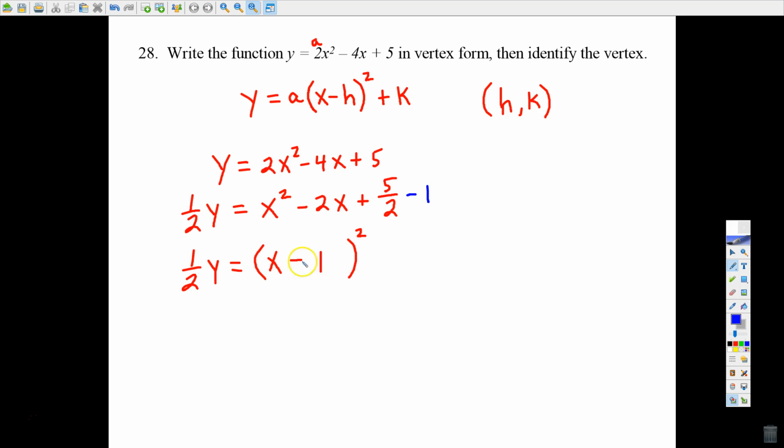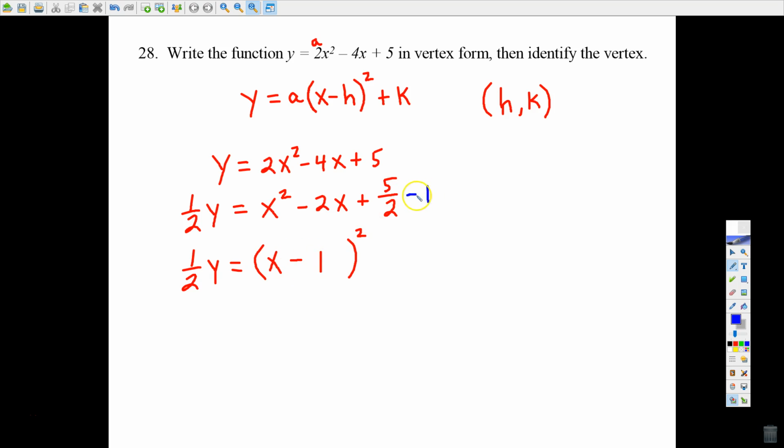If this had been x minus 4, I would be subtracting 16, 4 squared. If this were x minus 9, I would be subtracting 81. If this were x plus 6, I would be subtracting 36. It really doesn't matter whether it's plus or minus.